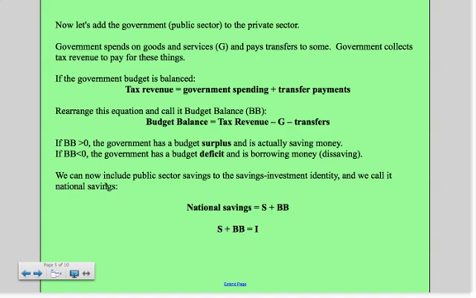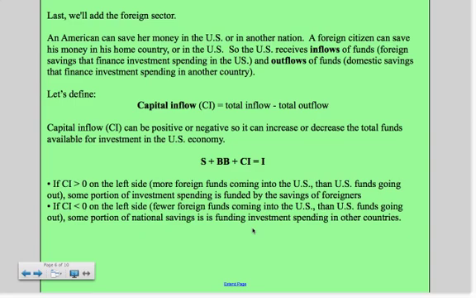Well, now we can include public sector savings in this identity, and we call it national savings. So national savings is private sector plus public sector. And again, here you can have a surplus or a deficit. And here, then we have S plus BB equals I. So now we're including government in the equation.